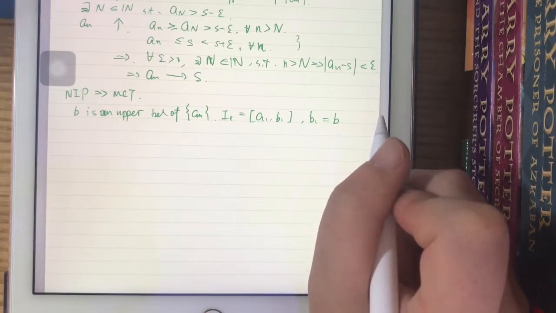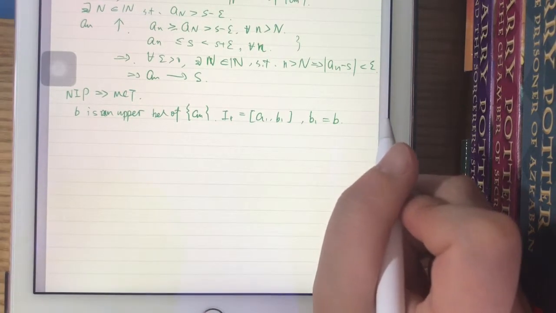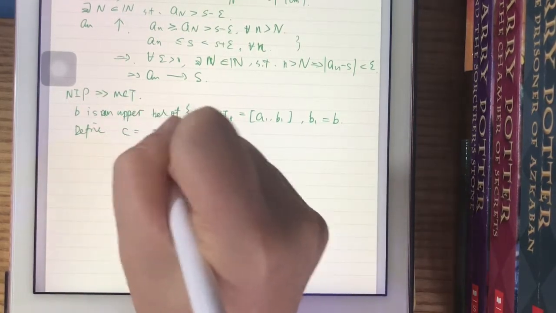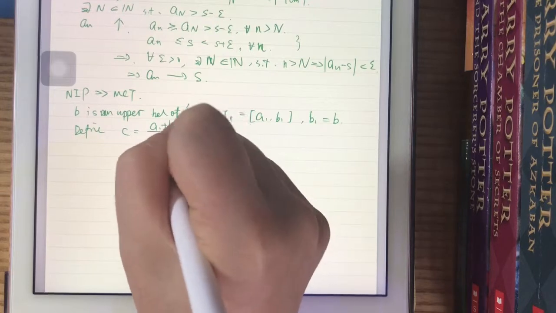And now we are trying to find the second interval. Okay, now let's first define C to be the middle point of A_1 to B_1, right?